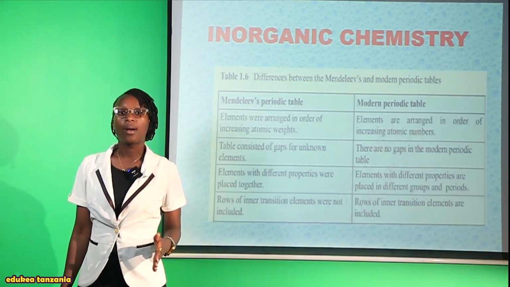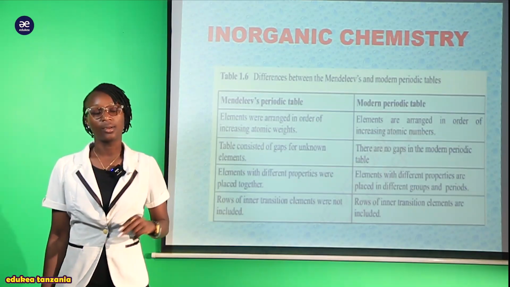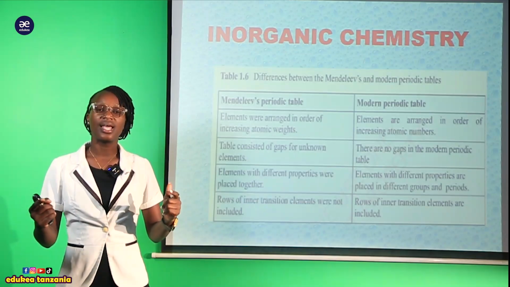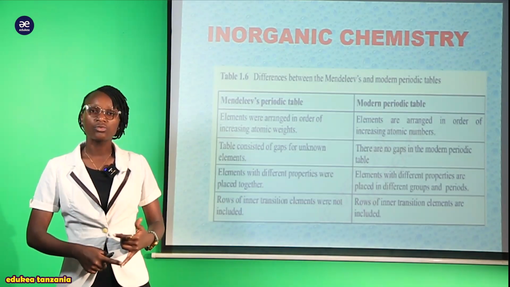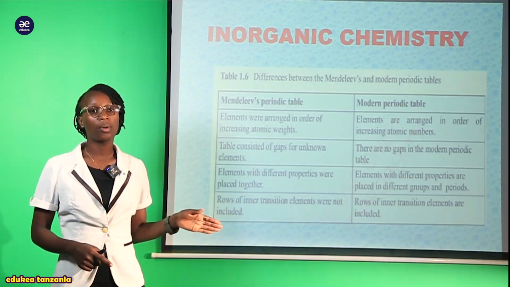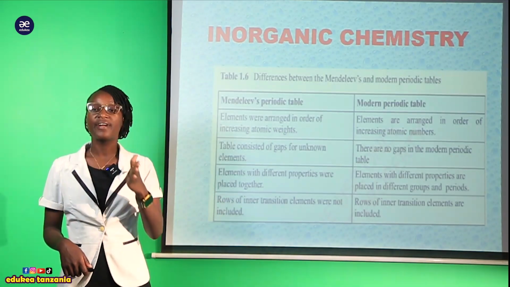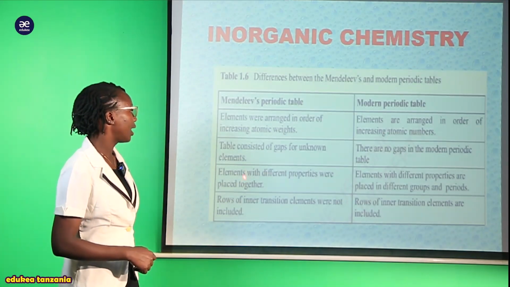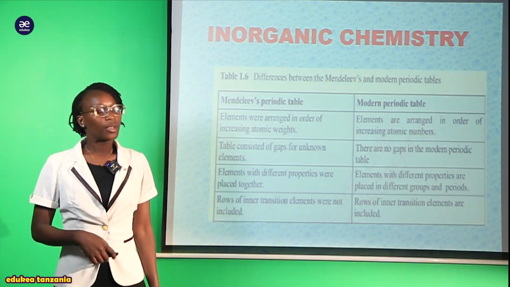Kwenye groups ina maana zile ambazo kwenye outermost shell zina share electrons sawa, lakini kwenye period zinashare shells, kama ni energy level ya 3 wote itakuwa ni hiyo ya 3. Kwa hiyo utaona kwamba the element with the different properties are placed in the different groups and the period, ukicompare na kwenye Mendeleev just aliplace together.